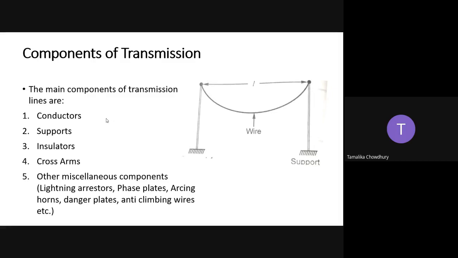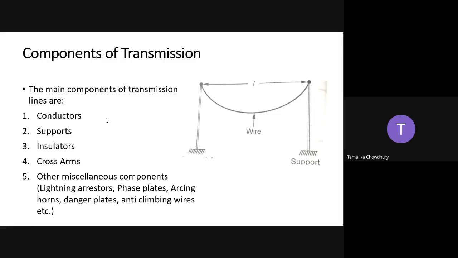It can be wooden poles, steel tubular poles, or RCC, reinforced cement concrete poles. Obviously steel towers are mostly used, and the properties that line supports should have are that they should be mechanically strong, have a longer life, and be flexible enough to absorb the unbalanced load.